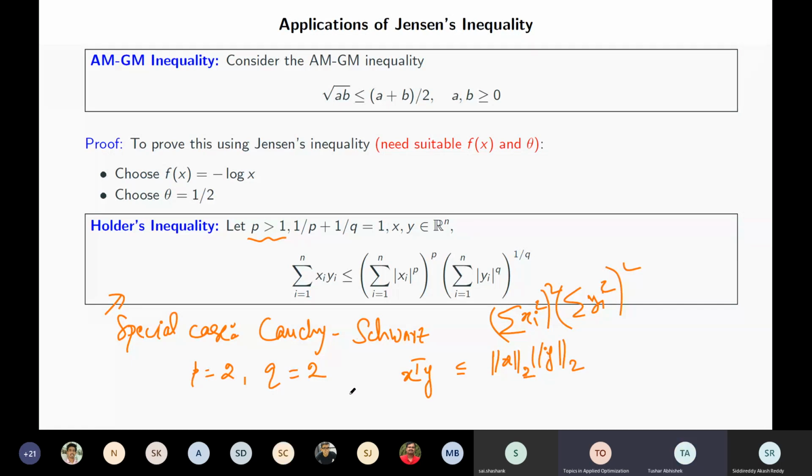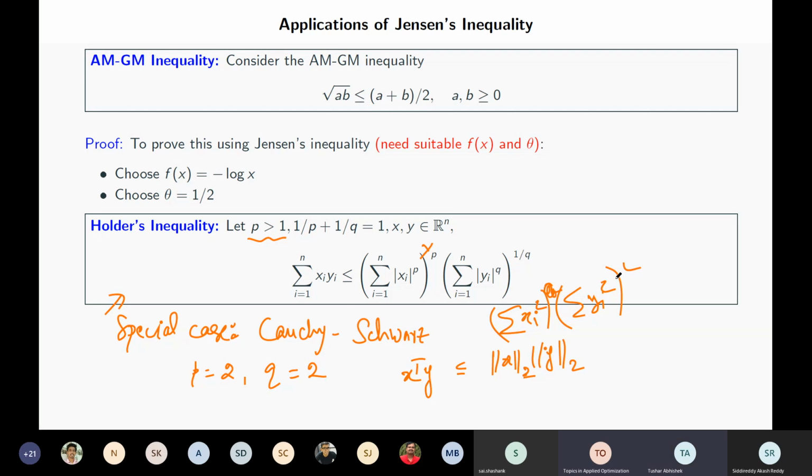Sir, I have a doubt. In the formula, it's written the sum of absolute xi to the power p, and the whole sum to the power p. So will it be 1 by p or p? Yeah, there seems to be some error here. It will be 1 by p.